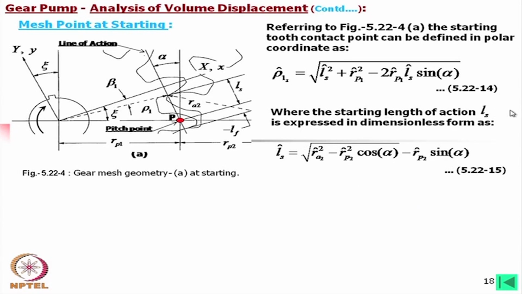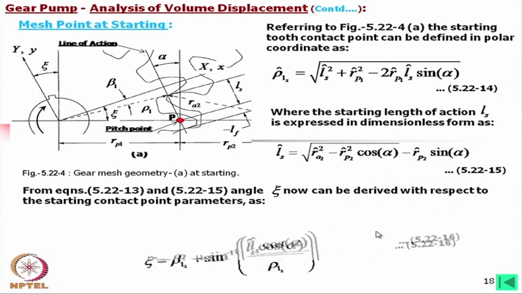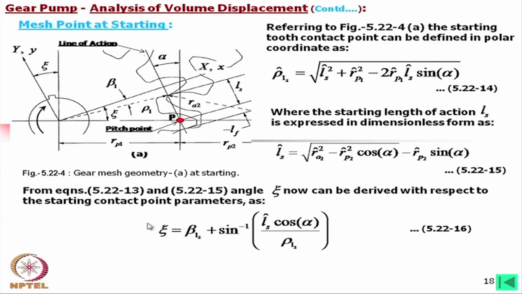The starting length L S is expressed in this form from the geometry, and then from equations 15 and 13, the angle xi can now be derived with respect to the starting contact point parameters, and it is expressed by these equations.